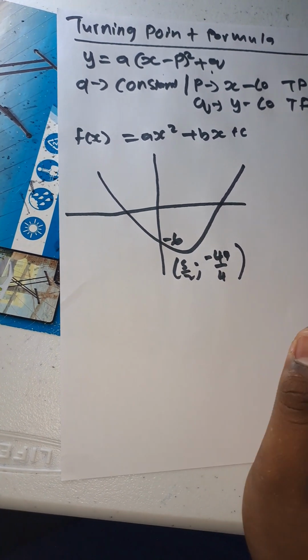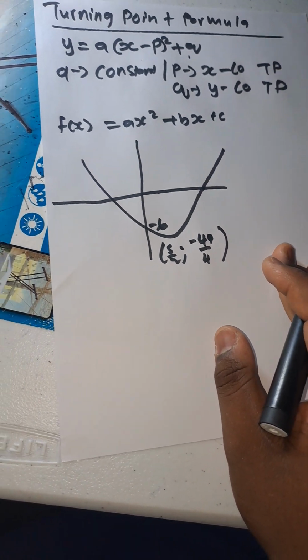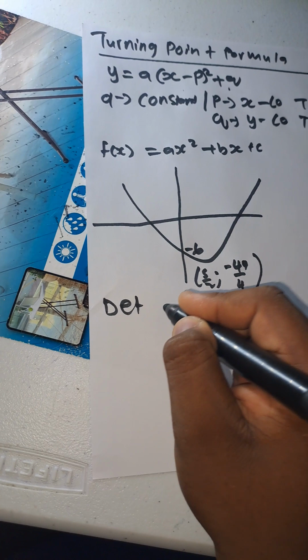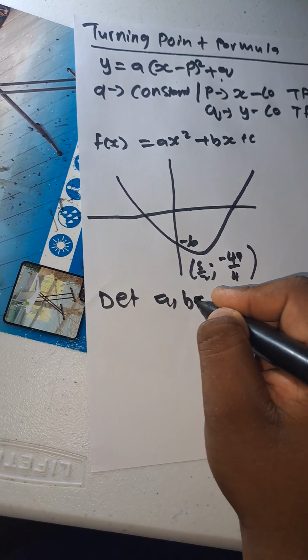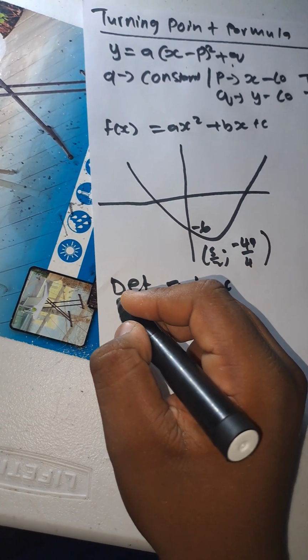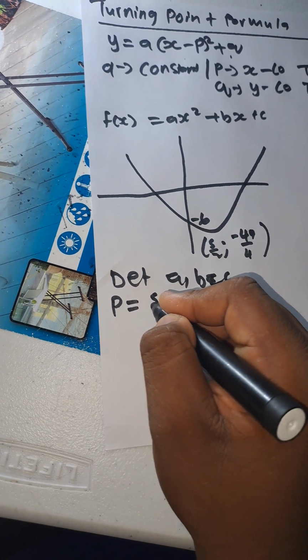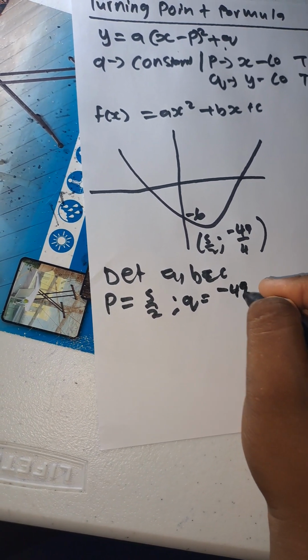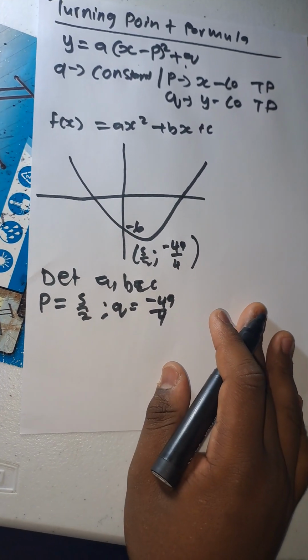Okay, so let's work. So now the task is to determine a, b, and c. Now I know my p is equal to 5/2 and my q is equal to -49/4. I will continue now.